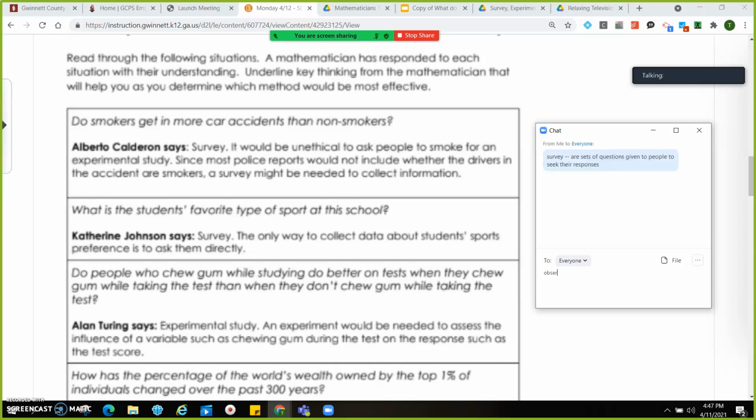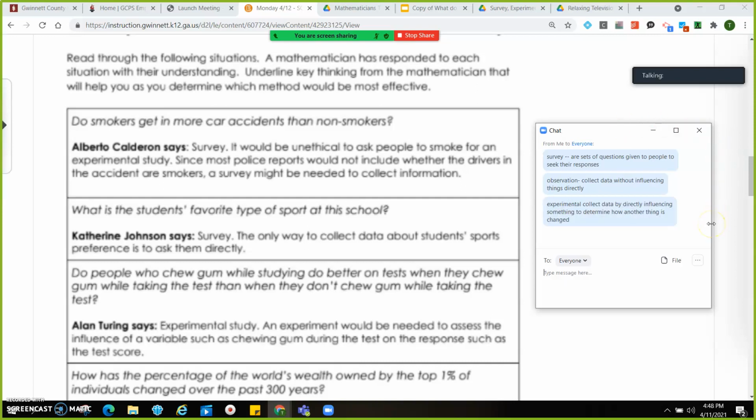An observation is collecting data without influencing things directly, just observing something. And an experimental study is to collect data by directly influencing something to determine how another thing is changed.